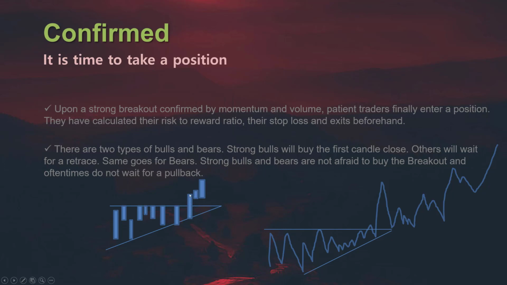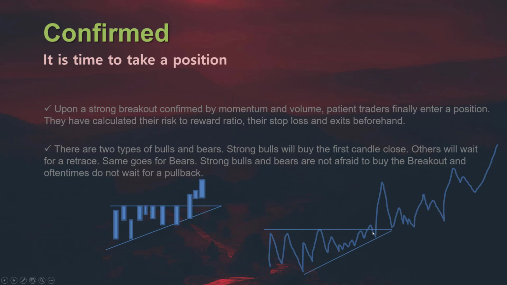They might miss part of the move, but they buy the top just to eat this candle alive, or maybe here. Since they measure their distance from this initial breakout, they simply take this and put the target, and they make a lot of money. This is one way that strong bulls will buy the first candle on close.